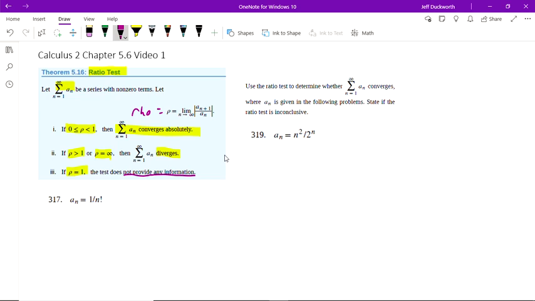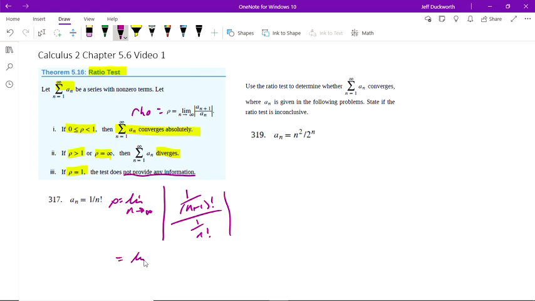So let's do 317. We already know what the answer to this is because we've done it a couple different times, but we're not going to use a comparison test this time. Now we're going to use the ratio test. So we're going to take the limit, or rho, that's sigma, rho, equals the limit as n approaches infinity of the absolute value of 1 over (n plus 1) factorial over 1 over n factorial.